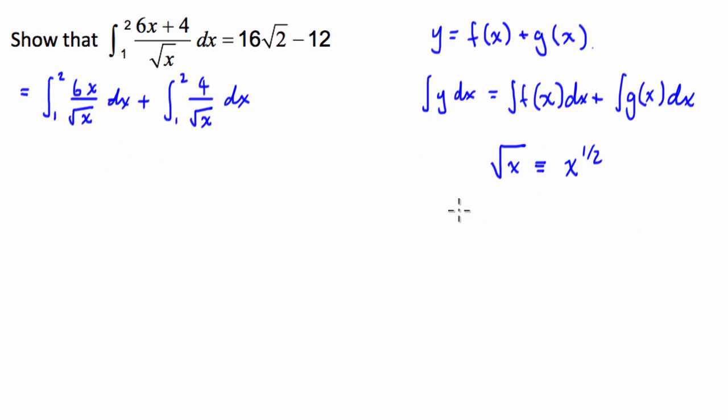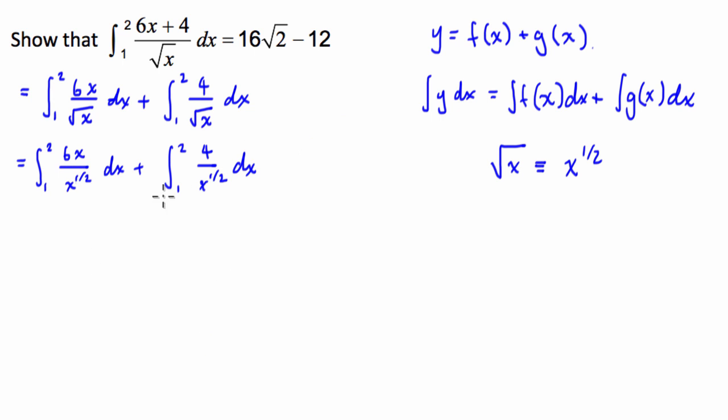With that knowledge, this is equal to the definite integral from 1 to 2 of 6x over x to the power of 1/2 dx plus the integral from 1 to 2 of 4 divided by x to the power of 1/2 dx.